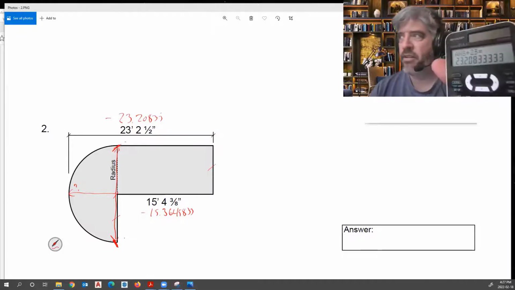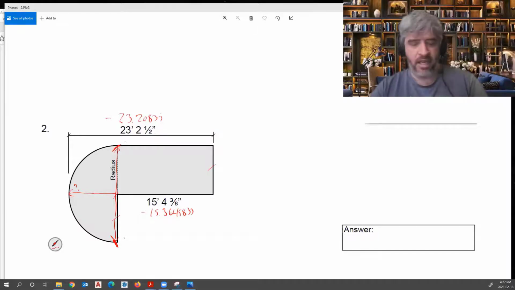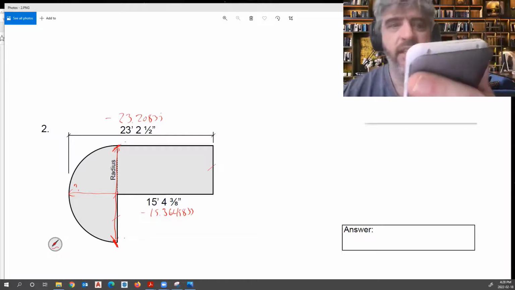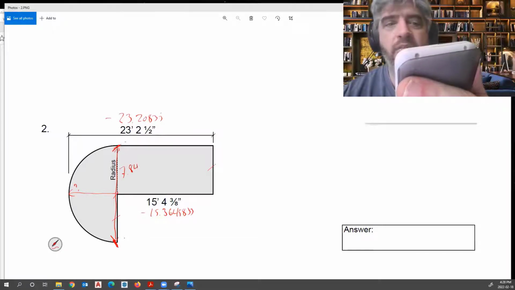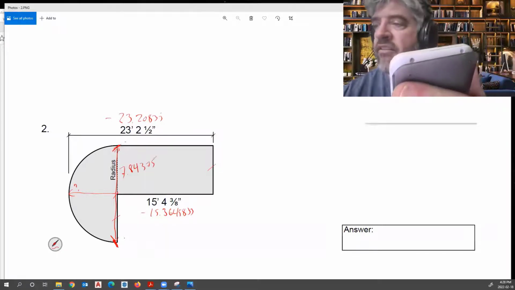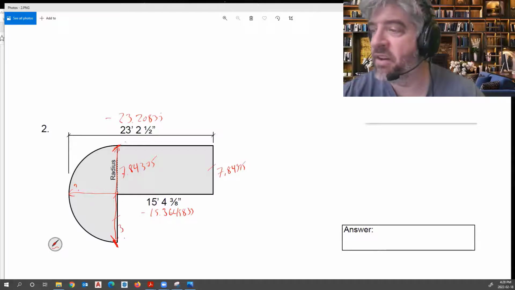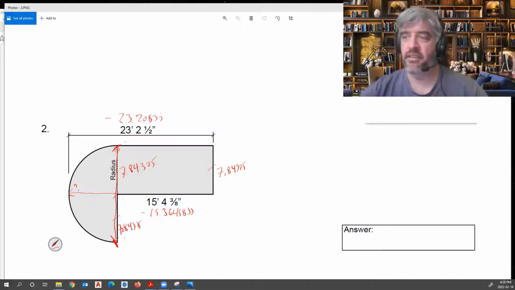So I have 23.20833. I'm going to minus 15.364583, which gives me, as the radius here, 7.84375, which means this is also 7.84375, and this is also 7.84375.